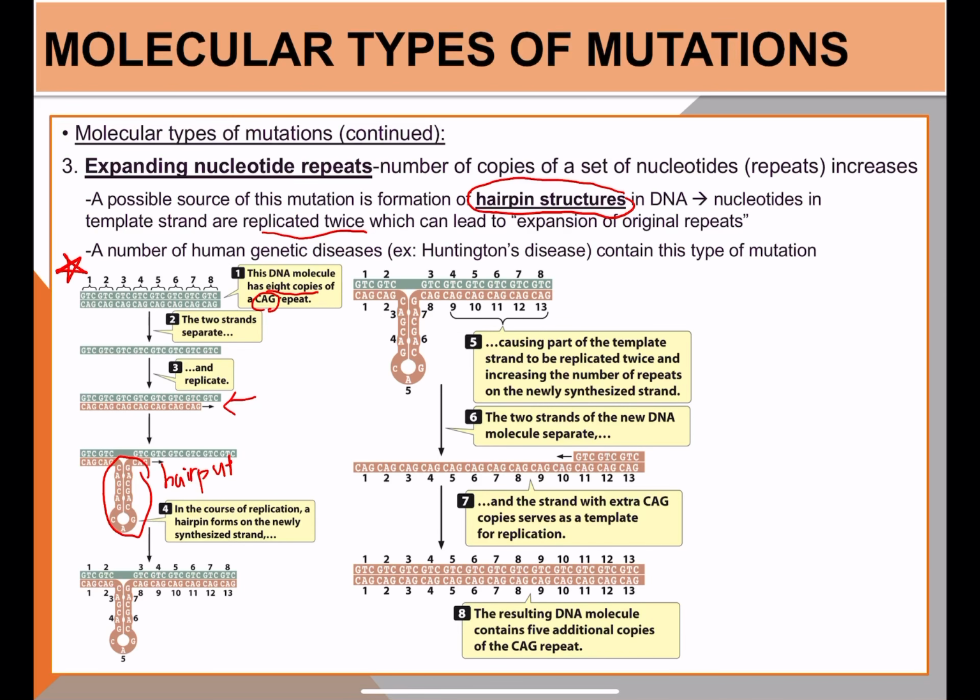That's why in research, when we're doing PCR, we'll learn about what PCR is about, they always say it's hard to do PCR on repetitive sequences because they tend to form secondary structures within the DNA molecule itself. And now you have just taken this whole bunch of nucleotides out of the newly synthesized strand.